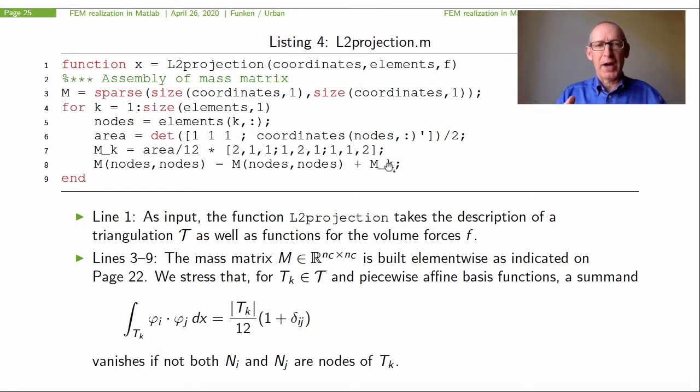assemble our mass matrix by a for loop over all elements. And of course, even though we loop over all basis functions i, over all basis functions j, over all triangles, which would be 3 for loops, we see it's almost linear because the for loop we have is just a 3 by 3 and it's simplified to adding these mass matrices.